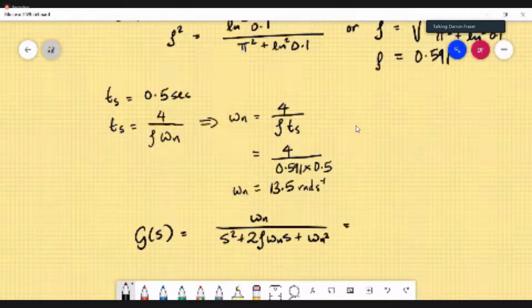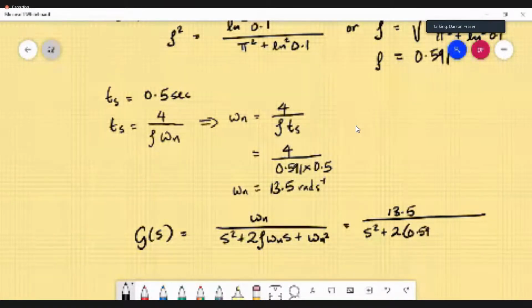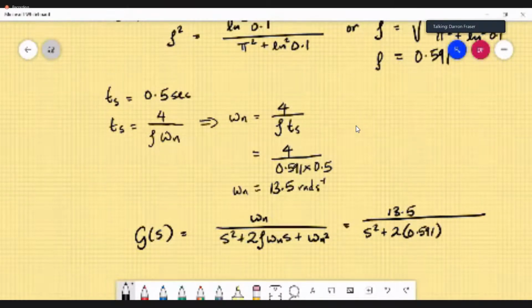I'm filling in the values. We're not really so concerned with the top as with the denominator. So it's s squared plus 2 times 0.591 times 13.5 s plus 13.5 squared.